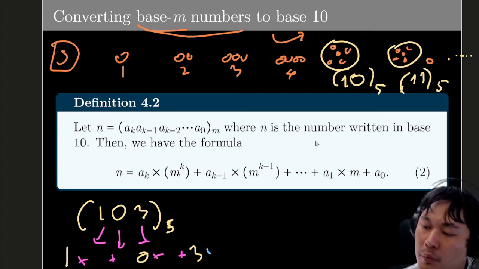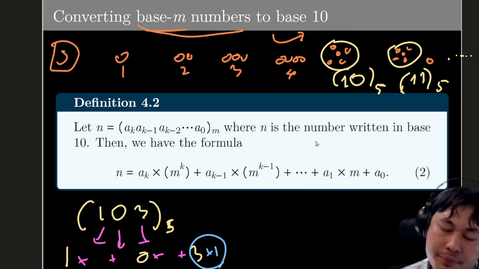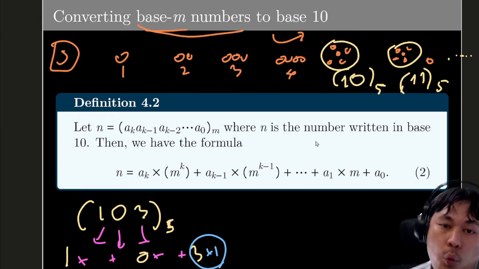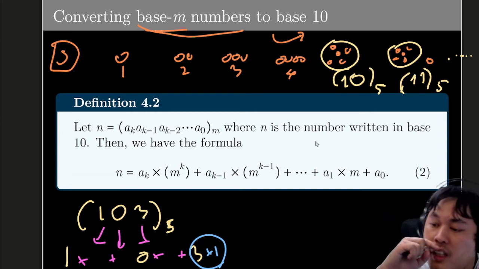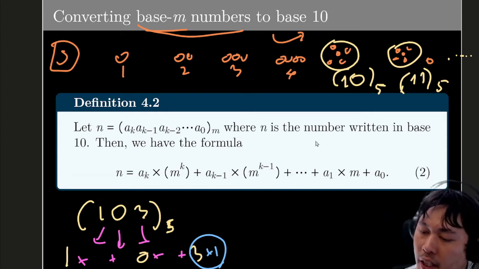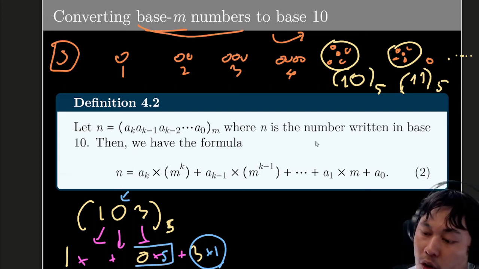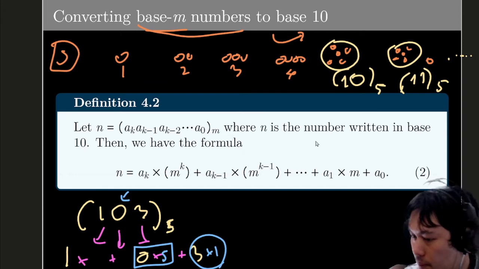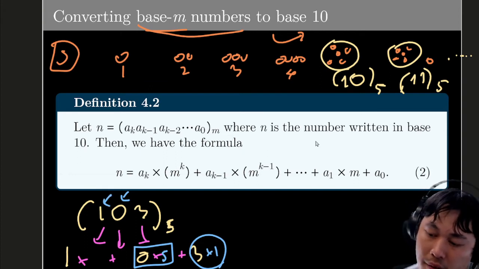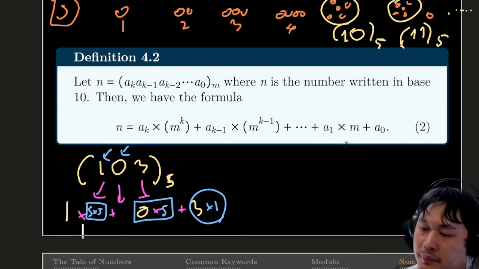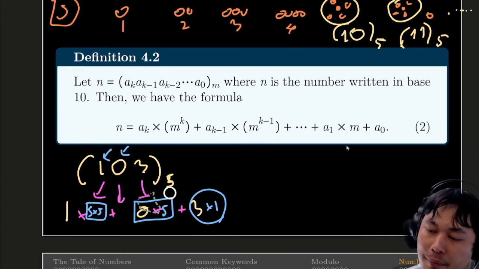We start from 1, the last digit always represents a single object. The next digit represents the base itself. So in base 5, this one represents a group of 5 objects. And the next one represents a group where we have 5 of the smaller groups.